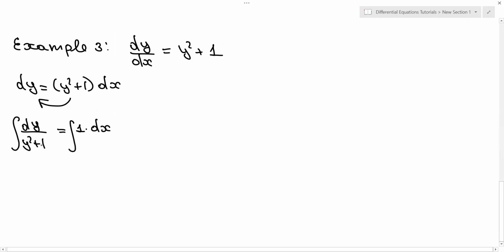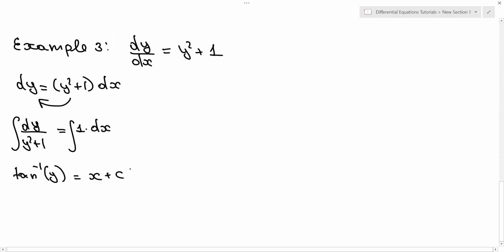As you are familiar with the table of integration, you know that this is arctangent y. So this is equal to arctangent y, or tangent to the power of negative 1 of y, is equal to the integration of 1, which is x, because the derivative of x is 1.